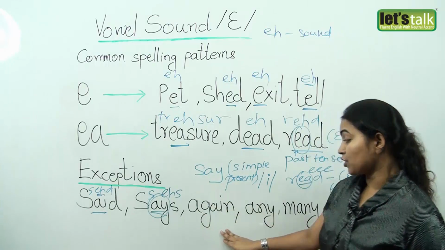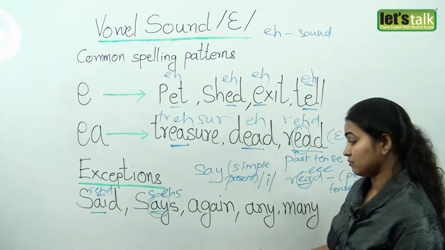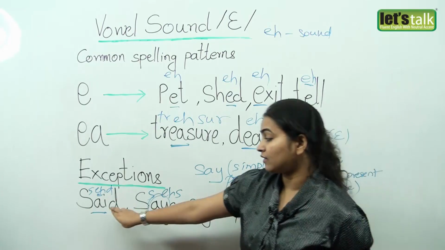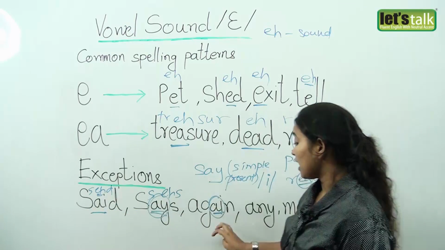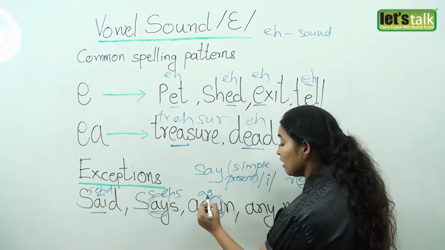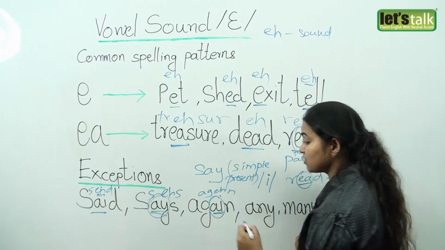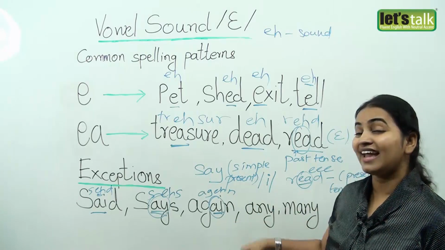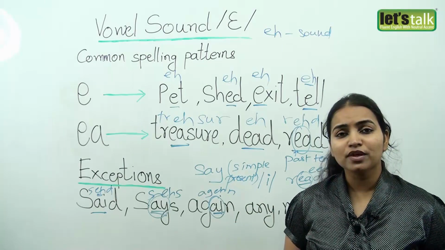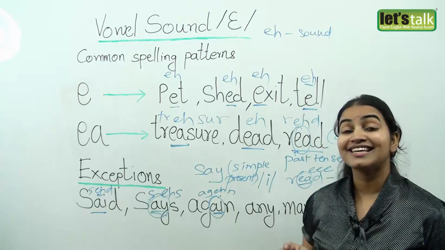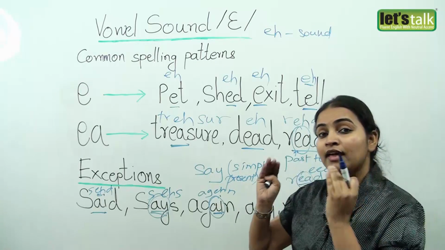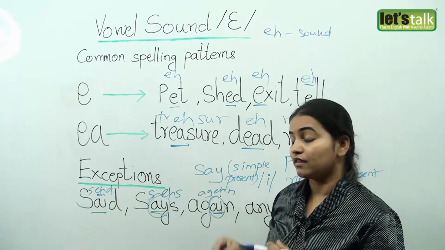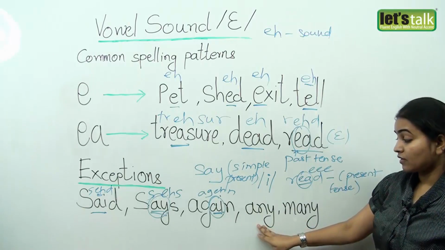Moving on to the next word, again. We have the AI, just like we had the AI in said, and the AI gives me the short E sound. So it is again. It's not ageyn. I don't say I will do it ageyn. I say I will do it again. Again. So that's again. Next word. Any.